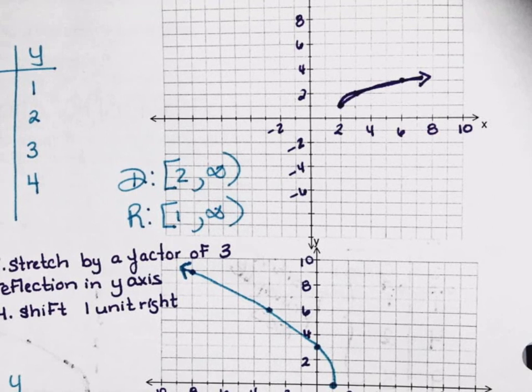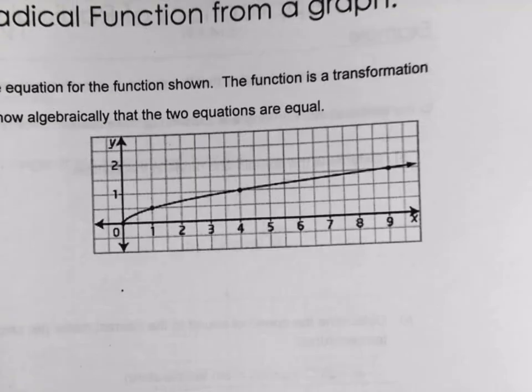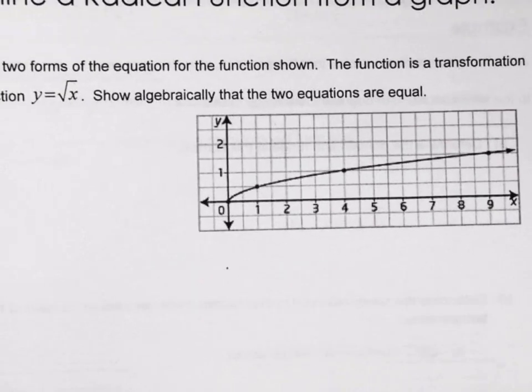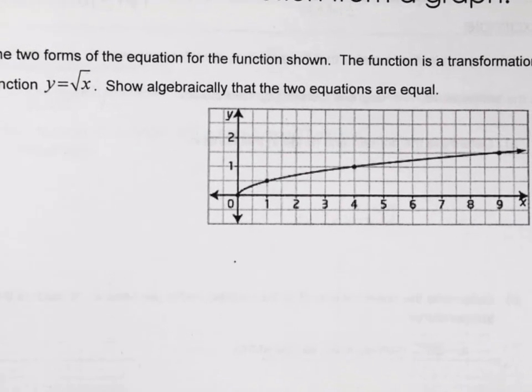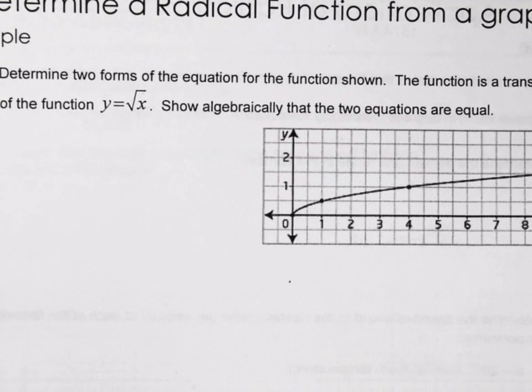Like I shouldn't be questioning whether this is a square or round bracket. So just keep that in mind when you're doing your domain and range. Okay, pretty easy, right?